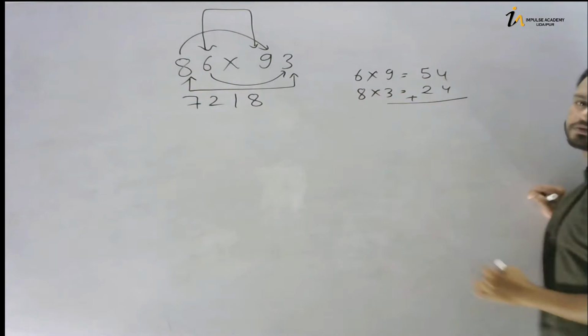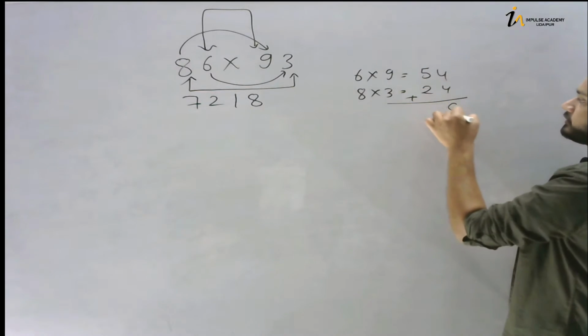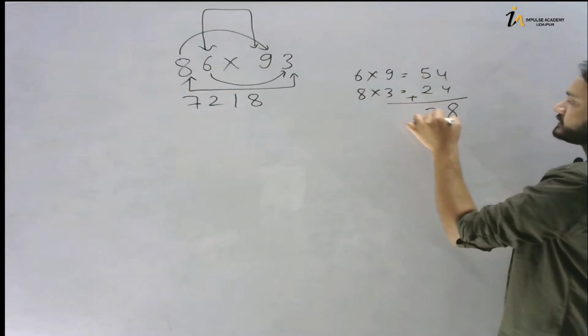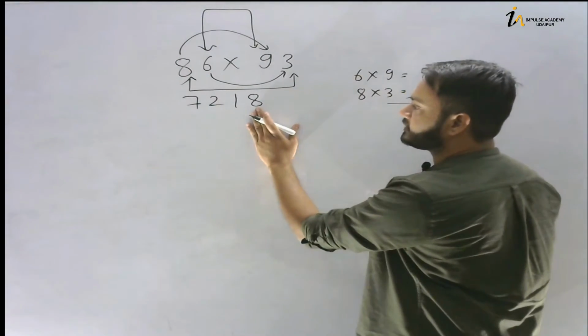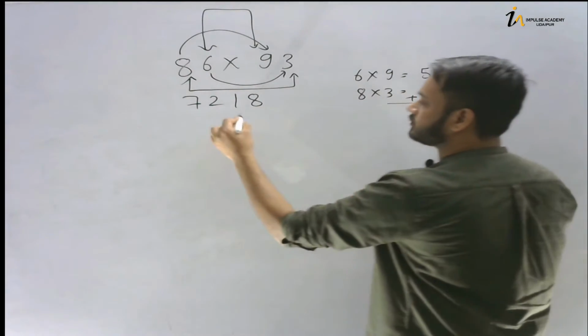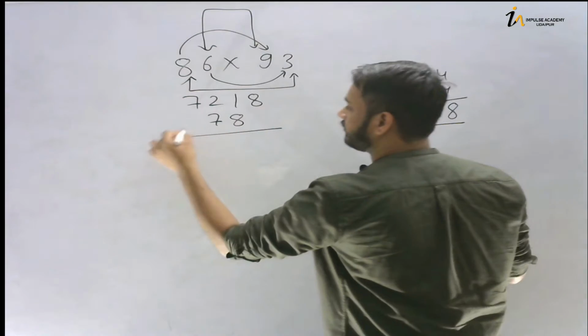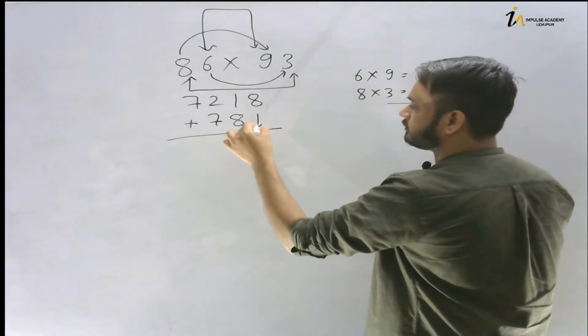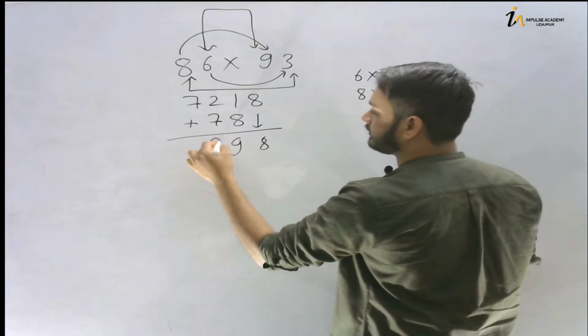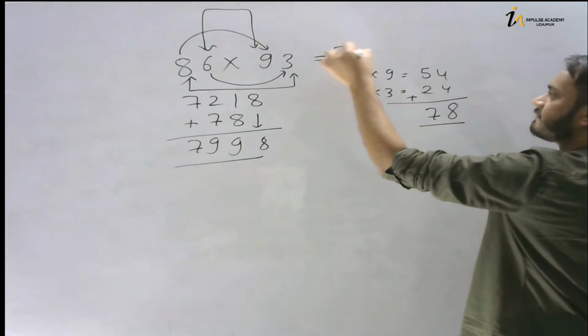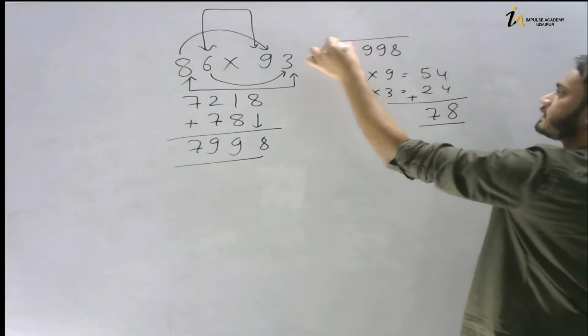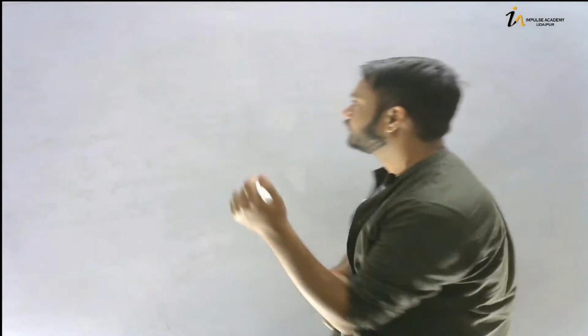Now we add these, and after adding we get 78. Leaving the unit place, we write 8 here and 7 here. Now add this, so it will be 8, 9, 9, 7. So the answer will be 7998.